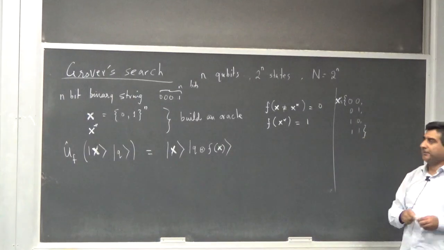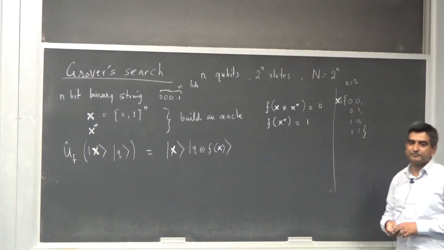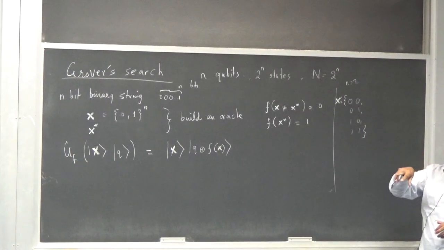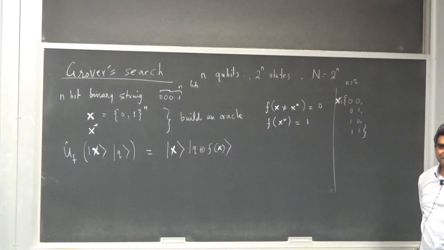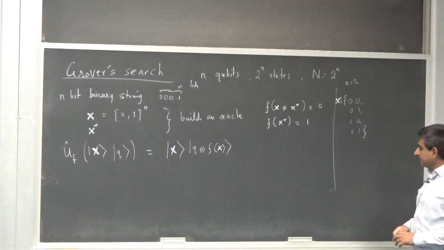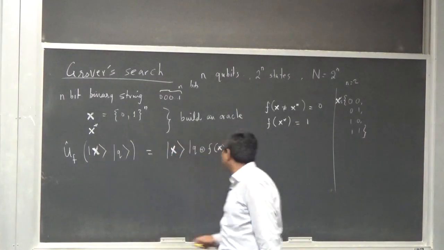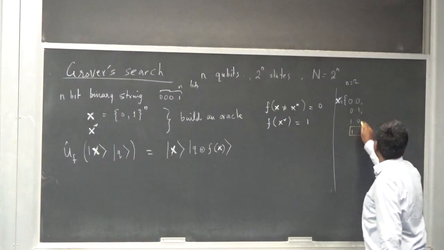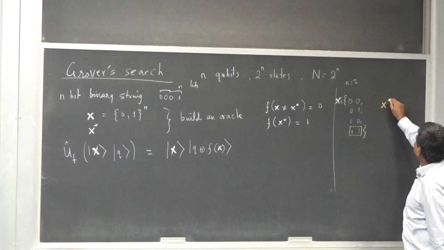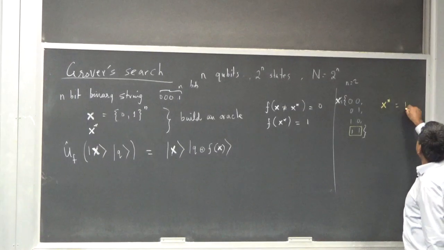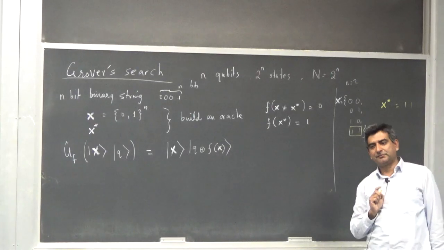There are 4 possibilities. My n equals 2, capital N equals 4. So I would need 2 qubits to encode these 4 states. Correct? And suppose that my desired string is 11. This is my desired string.